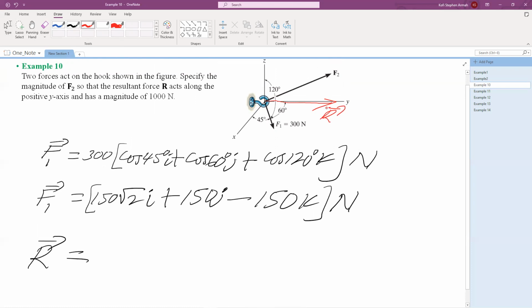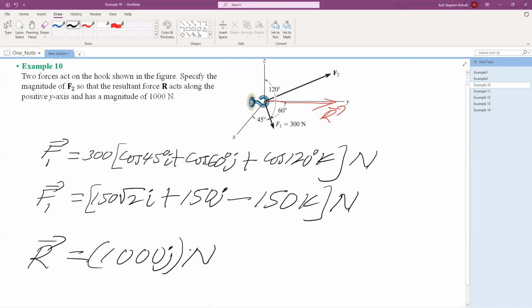So that's your R, and you have to write it. This is very easy. Magnitude is that, and the unit vector in the positive y direction is j. So this will become 1,000 j, and then you close it, and it's in newtons. You're done.